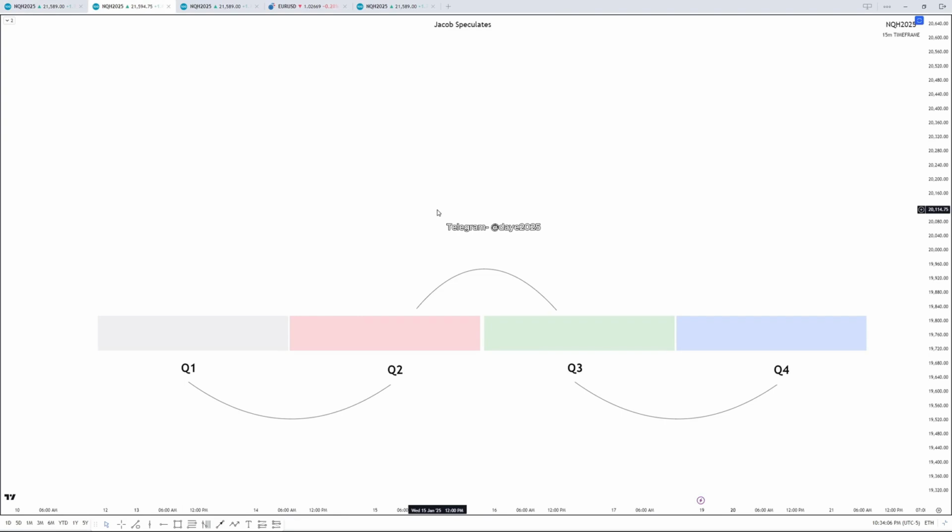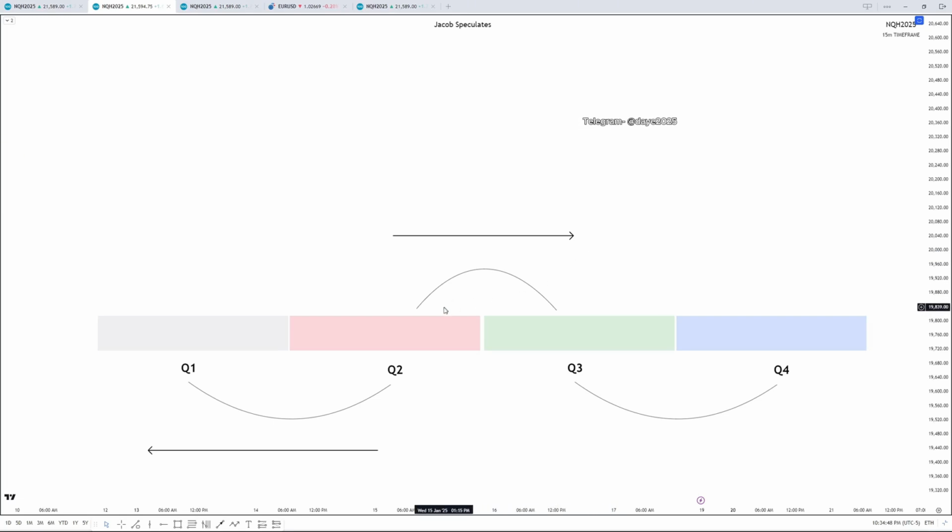And now following along with quarterly theory, you can typically see these properties take place from quarter to quarter to quarter to quarter. Each quarter, say Q2, will look back on Q1, but also look forward on Q3. So a quarter can look back, but it can also cast forward, which is very important to note because you guys will be learning a concept this month that explains the cast forward.